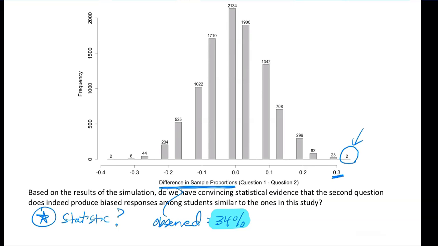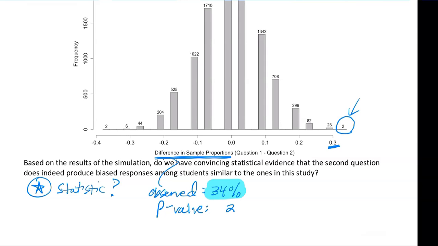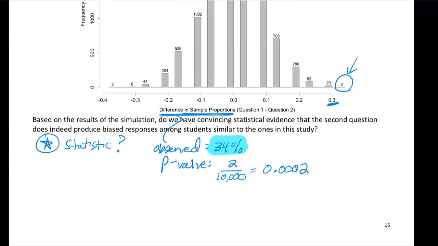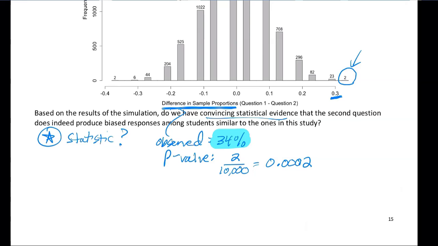Here's 30. And this is a greater than, it's a one-sided test. So the estimated p-value that we would use is 34% occurred twice out of 10,000 trials, which would give us a p-value of 0.0002.